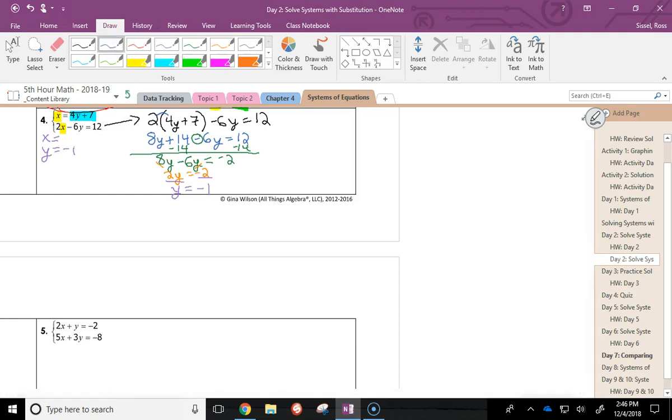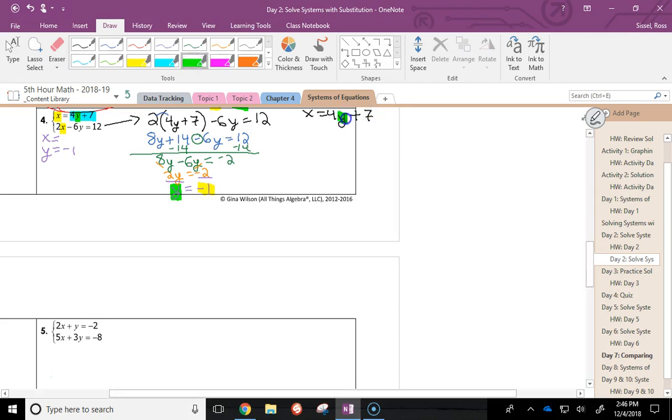So, I now have y, and wherever I see a y, I can put in negative 1. Probably should not use purple to highlight, just use this yellow. So, in my first equation, there's the y. That's the easier equation. So I have x equals 4y plus 7.